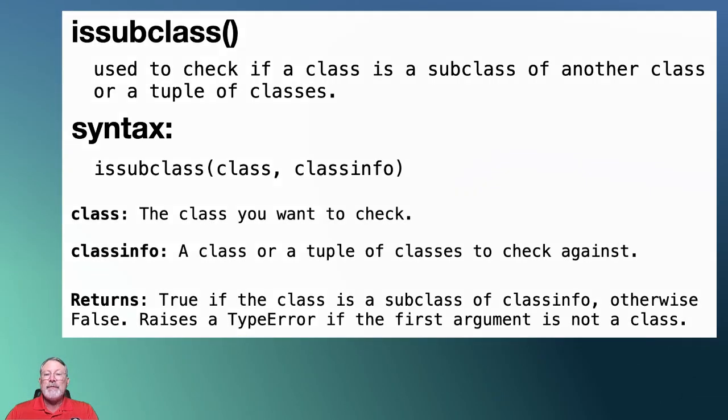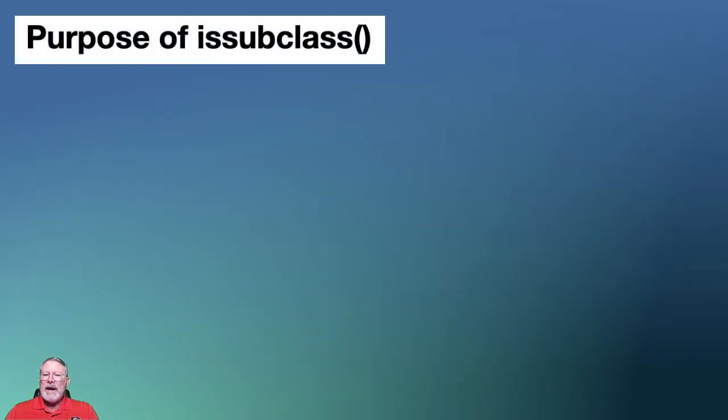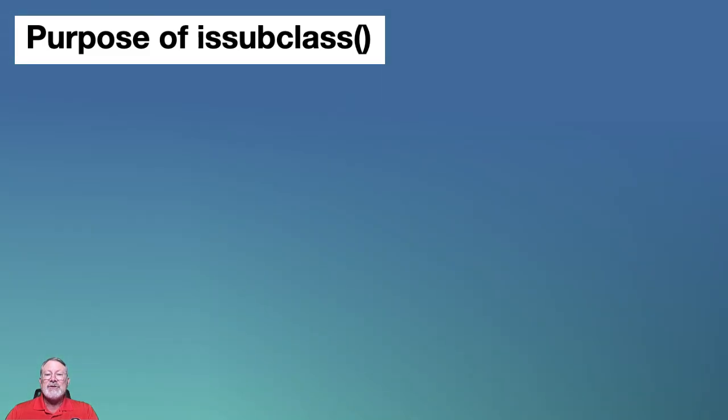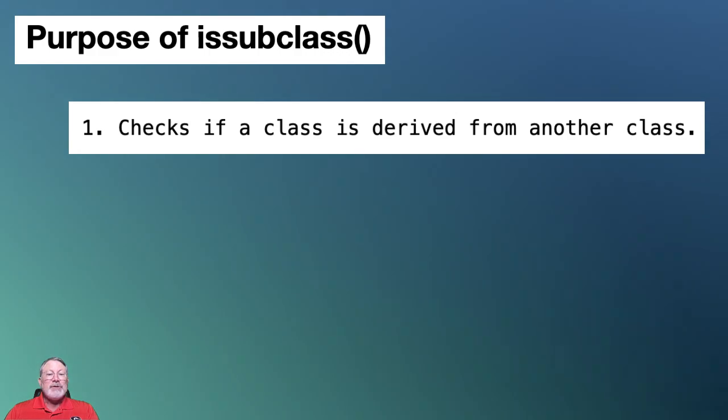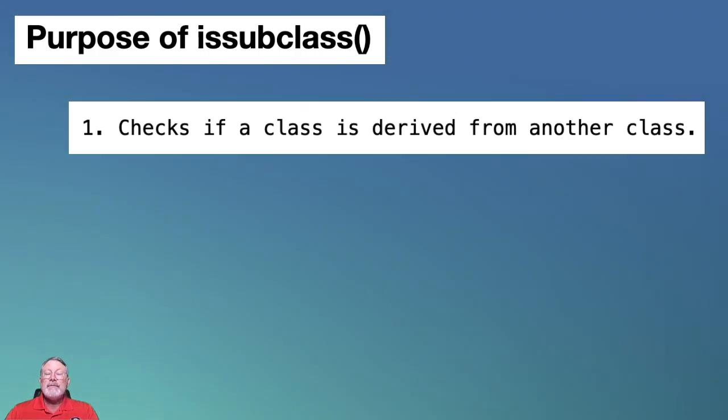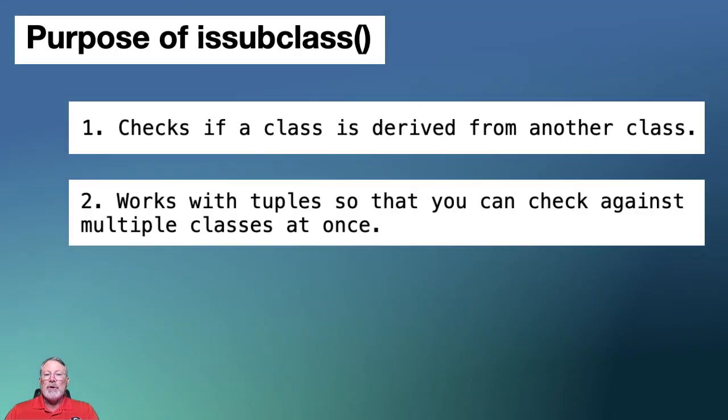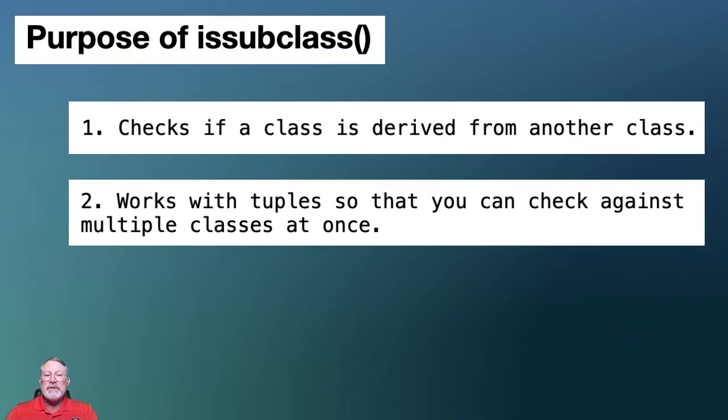Otherwise, it returns false. Why use issubclass? It's great for understanding and working with Python's class hierarchies. Key concepts include: it checks if a class is derived from another class. It works with tuples, meaning you can check against multiple classes at once.